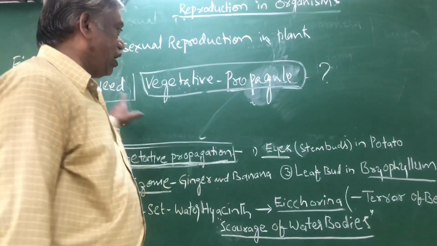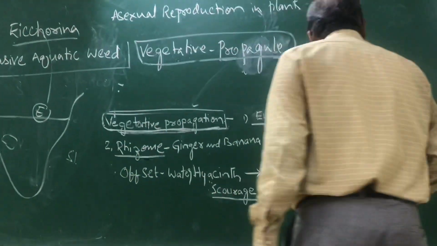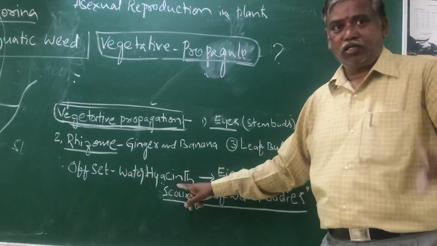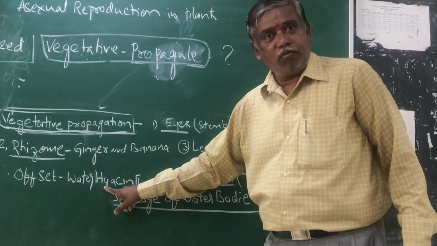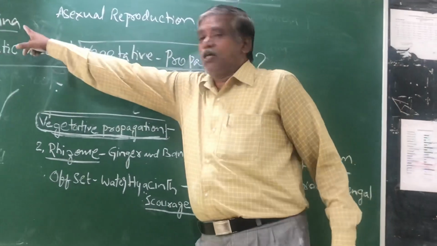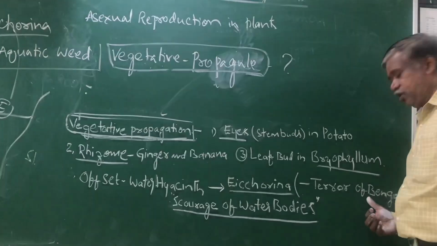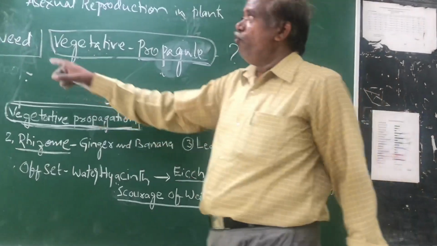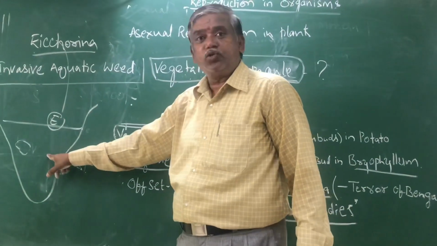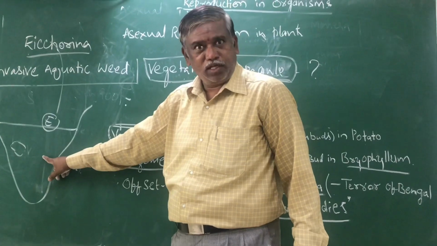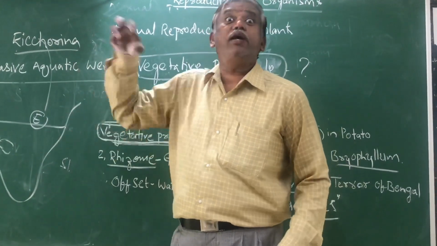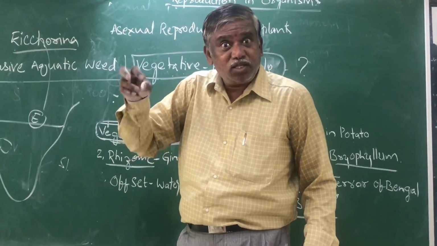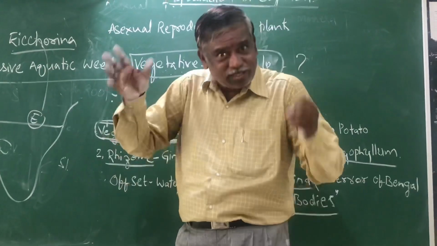Yes, Eichhornia is also called the terror of Bengal, and also water hyacinth. Water hyacinth is the common name. Eichhornia is the genus. It was first introduced in Bengal, hence it is called the terror of Bengal. That means when Eichhornia is introduced into any water body, it becomes a terror to the remaining aquatic organisms living with it in the same water body.